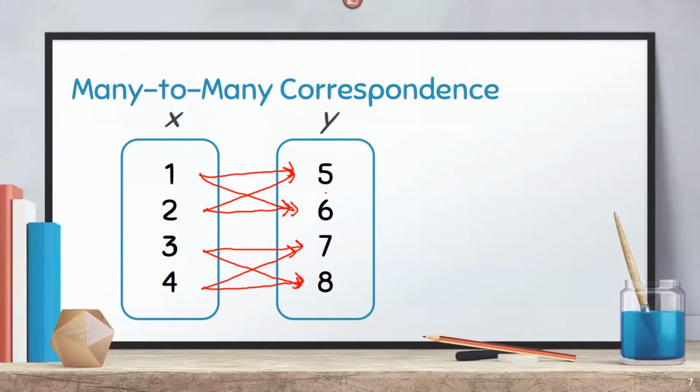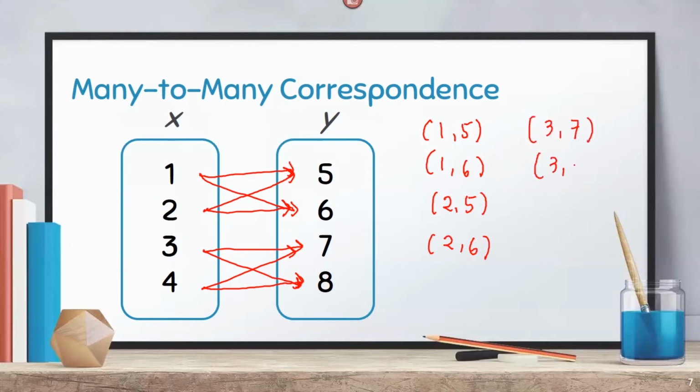Therefore, we can form here 8 ordered pairs, such as (1, 5), (1, 6), (2, 5), (2, 6), (3, 7), (3, 8), (4, 7), and (4, 8).